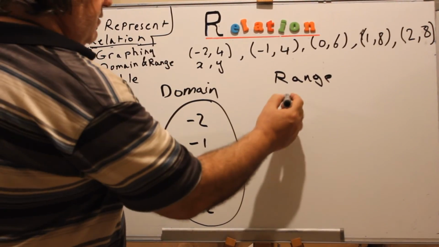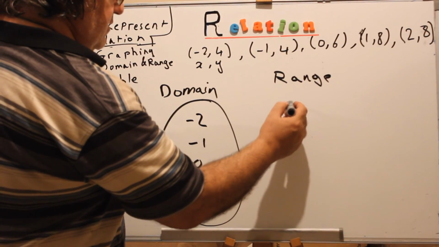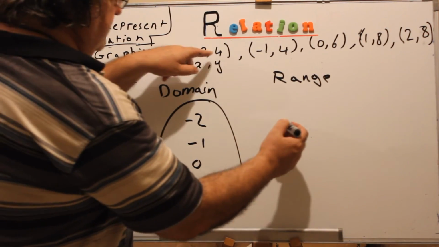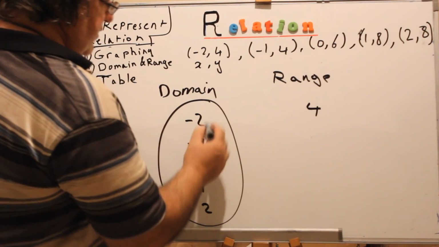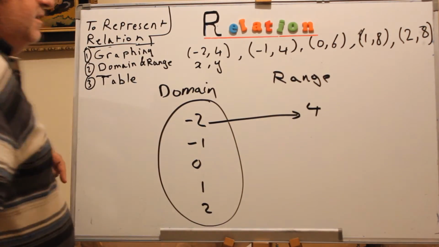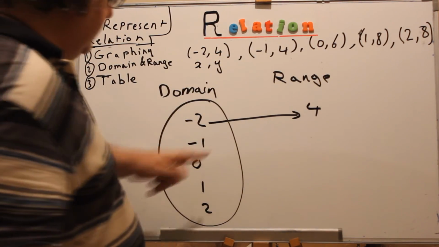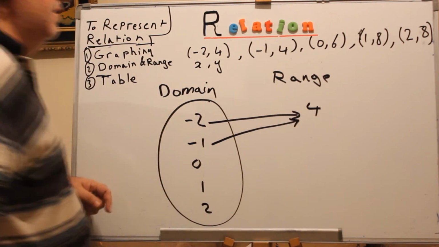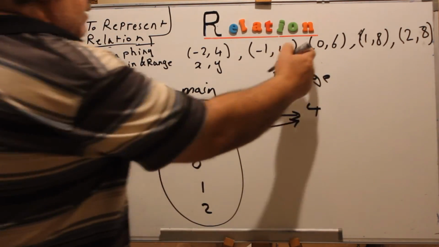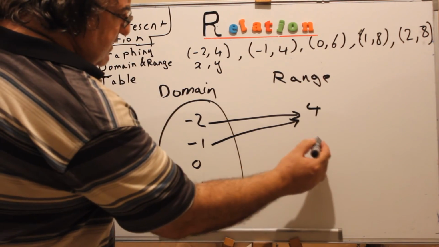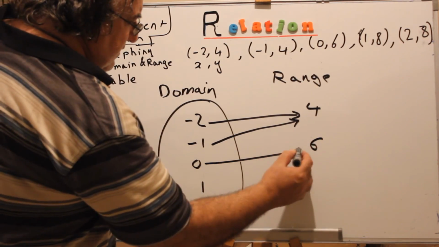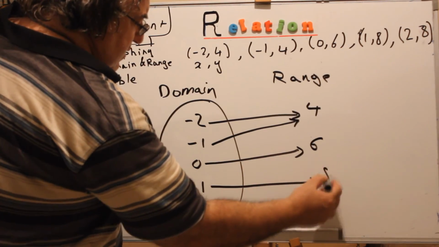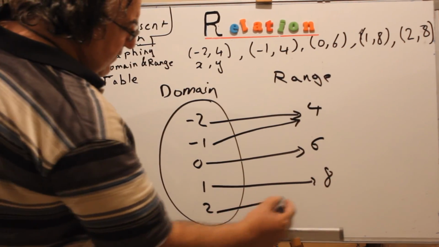When it is -2, it gives you 4. So this is direct like this. When it is -1, also it gives you 4, so we can represent it in this way. When it is 0, it will give you 6, so that's another number 6. When it is 1, it is giving 8, and when it is 2, it's also giving 8.